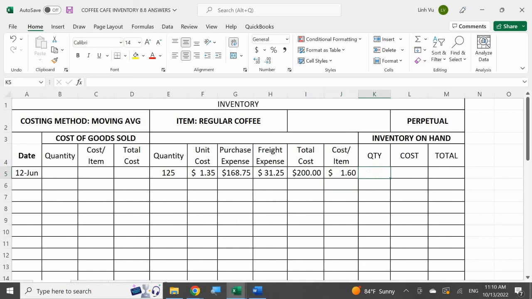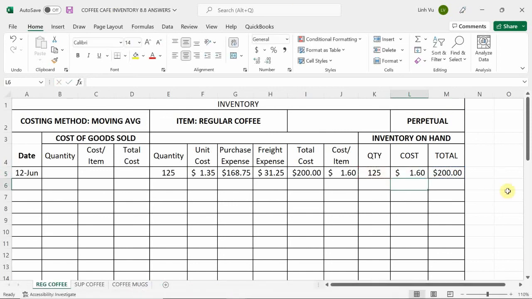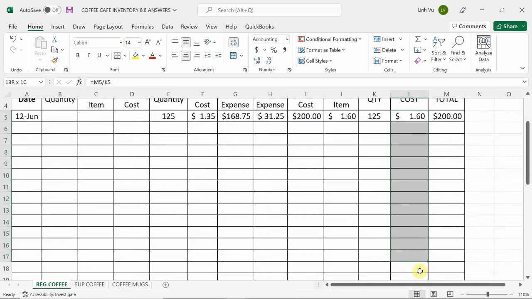$1.60. Okay? Because we're using perpetual inventory, I'm going to go ahead and carry that amount over into my inventory on hand. Now remember, this is moving average here, so we're constantly going to be calculating our cost per item. Right now we have 125 pounds available at a total of $200, because each pound is currently costing me $1.60.